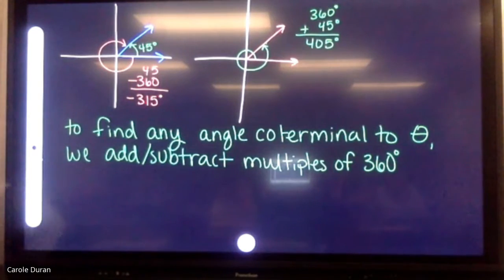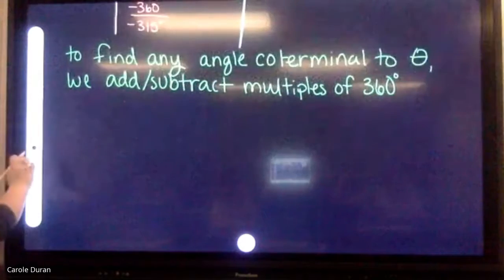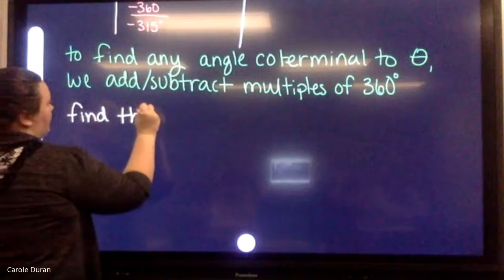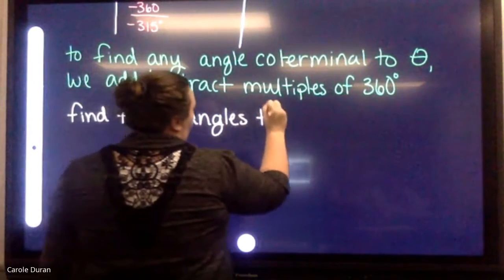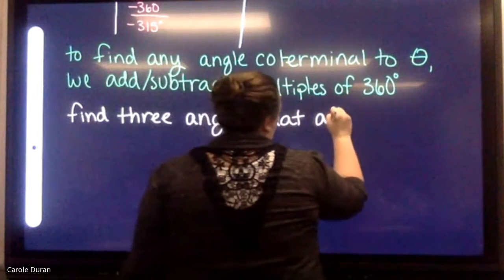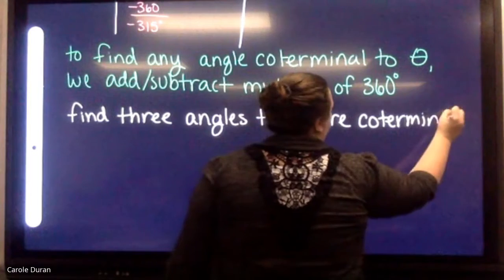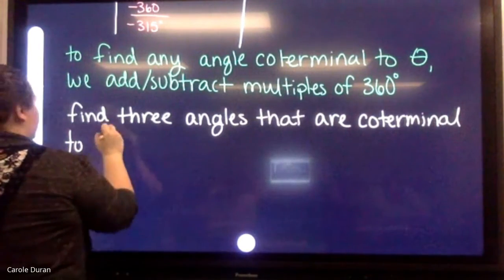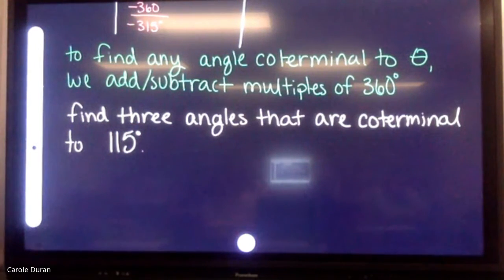Okay, so let's say, for example, instead of having a graph here, I just went ahead and told you to find 3 angles that are coterminal to, let's say, 115 degrees. On your own, I want you to find 3 angles that are coterminal here.